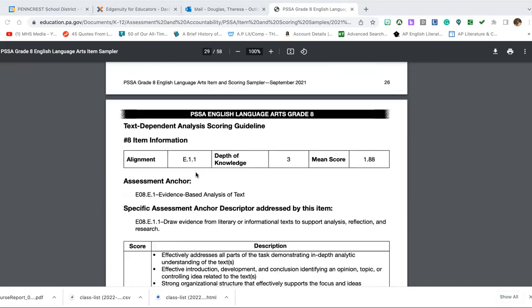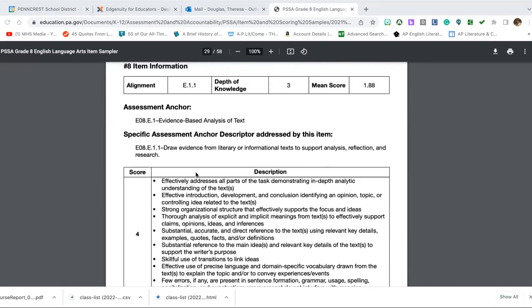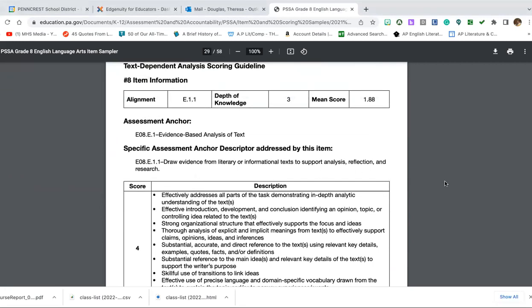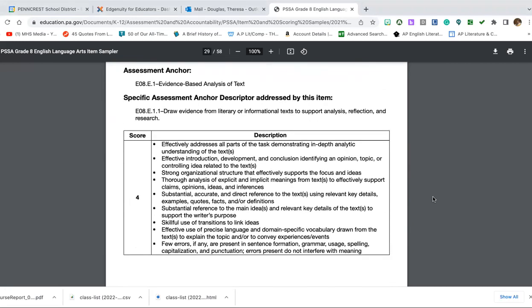And the sampler provides us with what we need to know when it comes to how they score my writing. Well, if you've spent a lot of time on the writing, getting a 4 means that you have effectively addressed all parts of the task, demonstrating in-depth analytic understanding of the text.